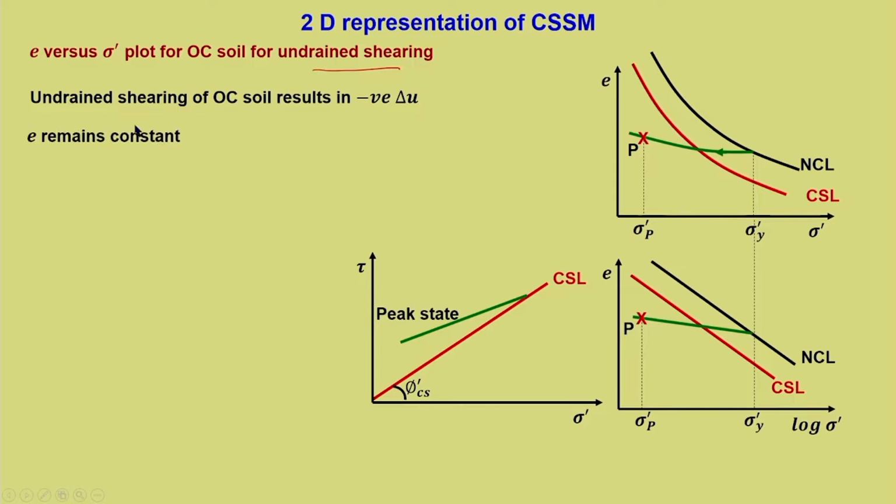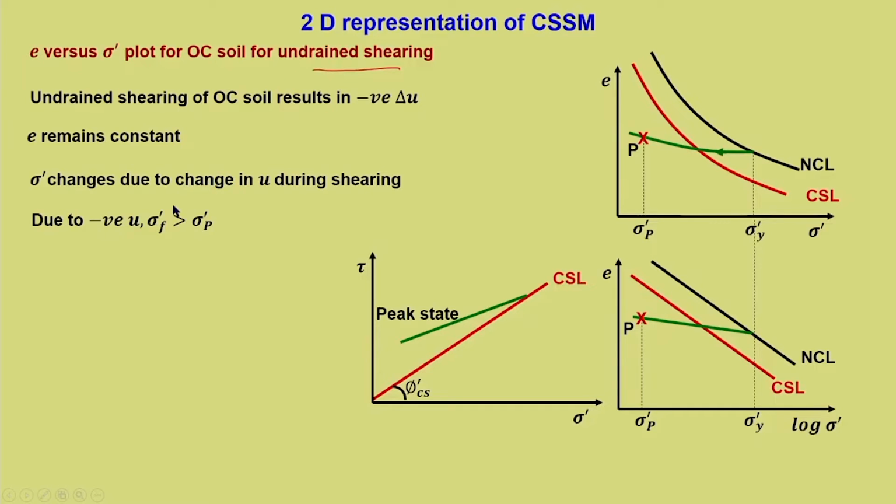We know that e remains constant. Sigma dash changes due to change in u during shearing. Pore water pressure keeps changing during undrained shearing. In HOC, since dilation is the tendency, the corresponding pore water pressure will be negative.